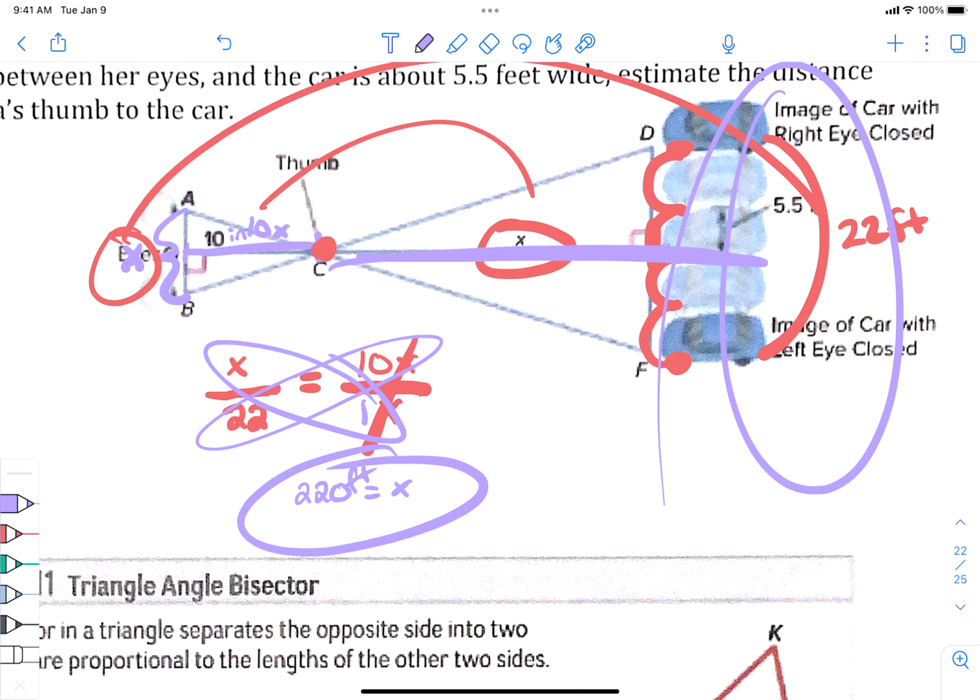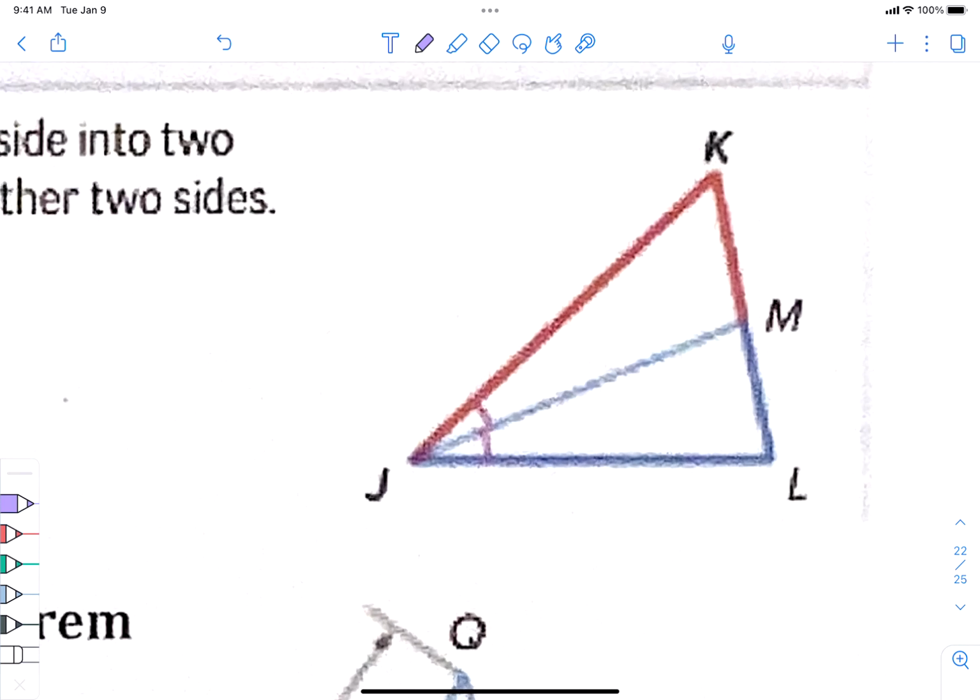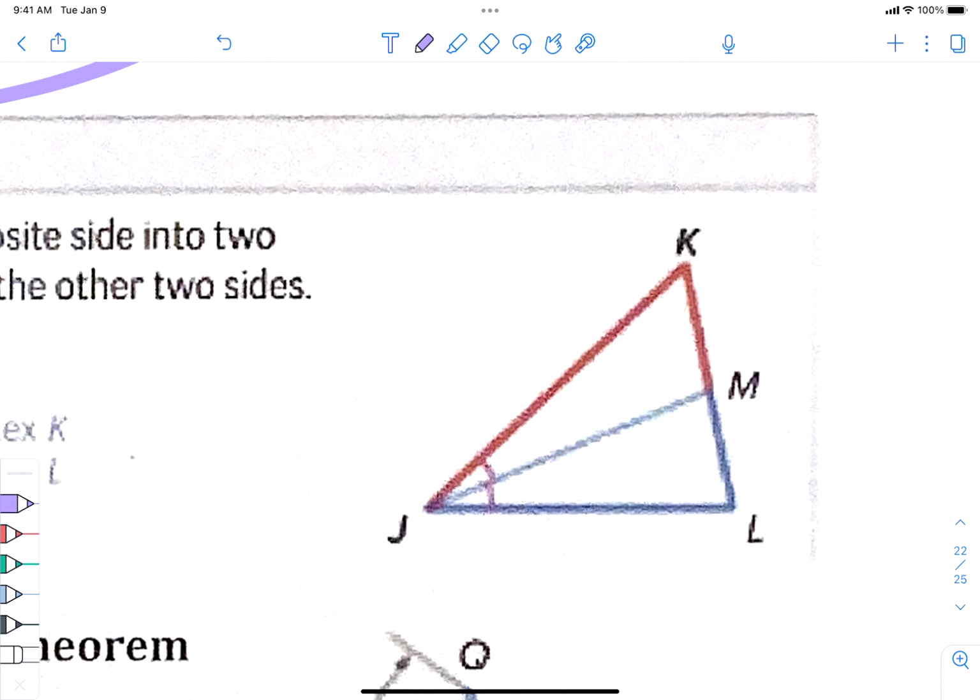Okay? All right, the last thing is a triangle angle bisector. In all of these other proportions, we were only doing 2 triangles. Here we only have 1 triangle.